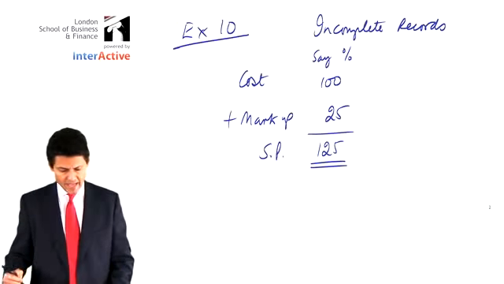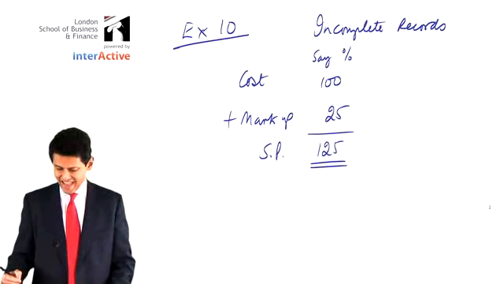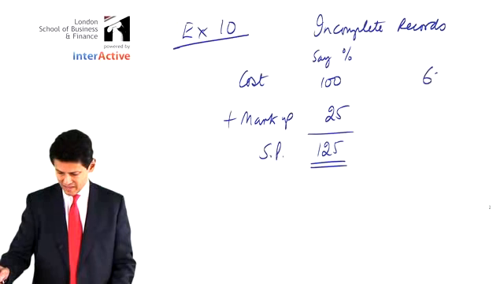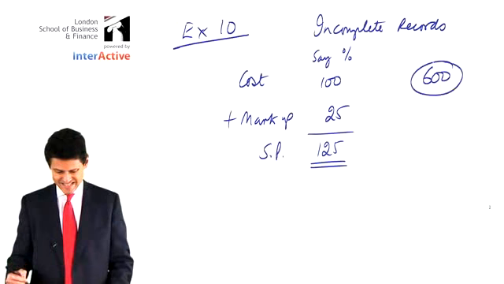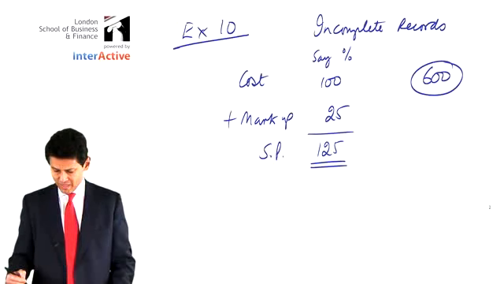So if that is the selling price, and markup, of course, is 25, and then someone says to you that the gross profit needs to be worked out. The cost of sales, of course, is 600. So if this is 600 and the markup is 25, what is the sales?